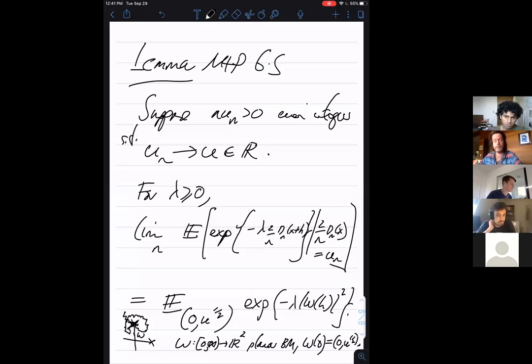So that's the 2-point projection of the Ray-Knight theorem.